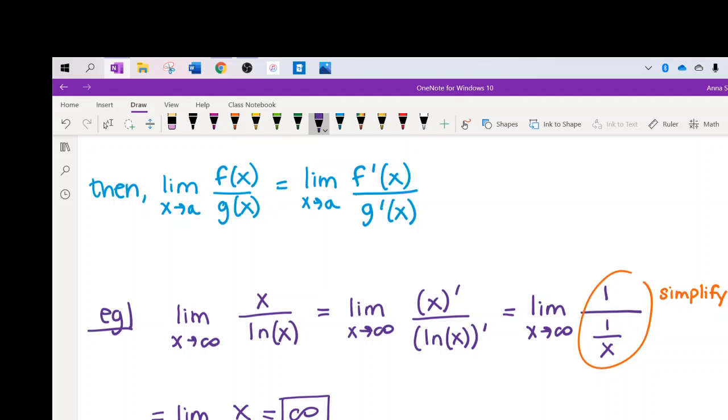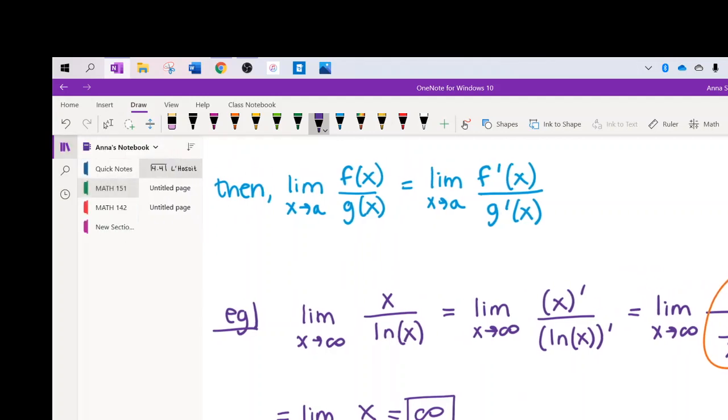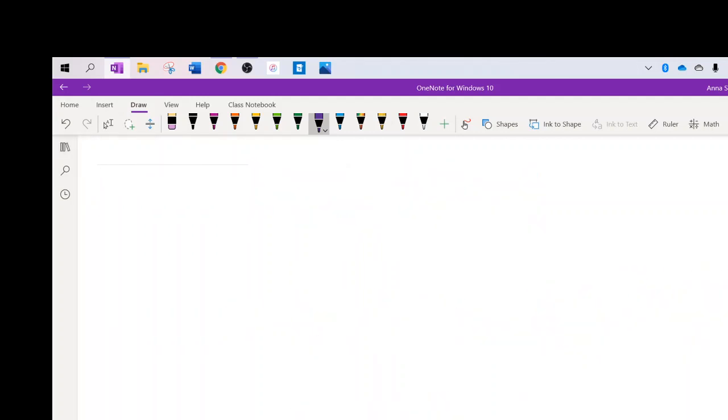Okay, so I want to do a couple more examples. So let me go to another page. So let's try now the limit as x approaches infinity of 5x squared over e to the x.